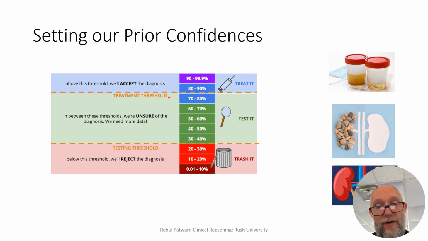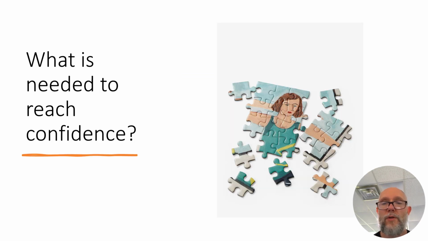I'm not confident enough to pull the trigger. So, when you recognize I have my prior confidences, but I've not reached my threshold where I'm going to make a commitment, well, this is where testing lives, right? You need to ask yourself, what do you need to reach a level of confidence?